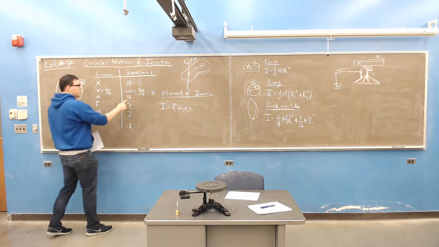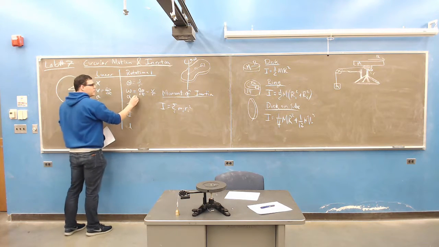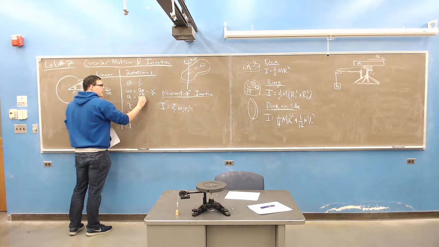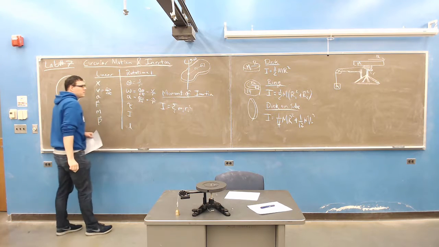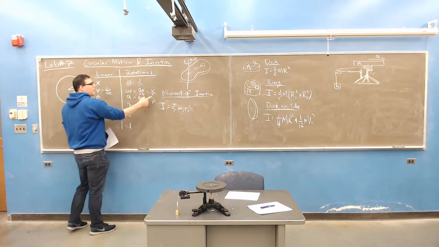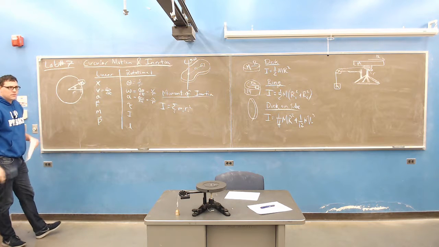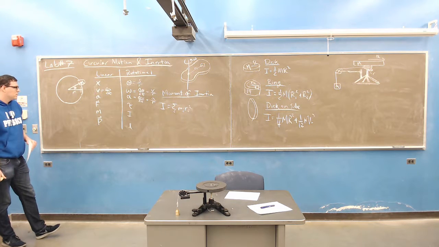Then the angular acceleration alpha is the change in omega over the change in time, which is also the acceleration over r. So we're just dividing everything by r in circular motion. Any questions so far?